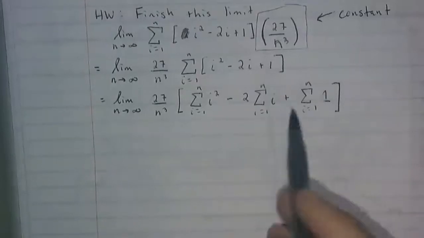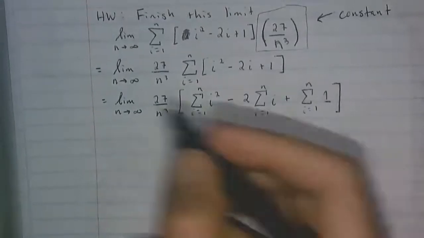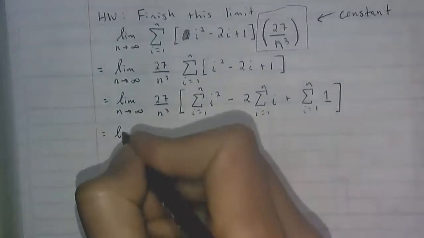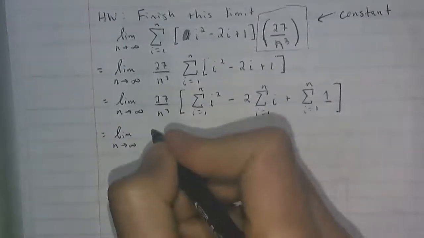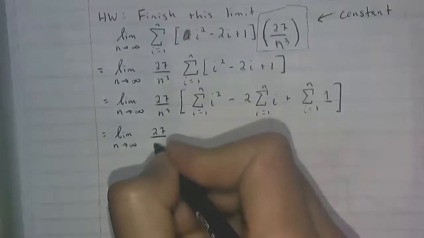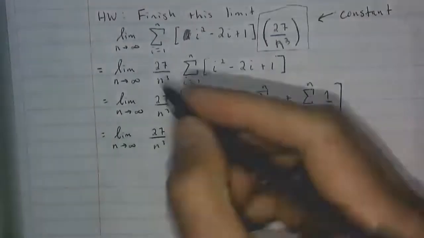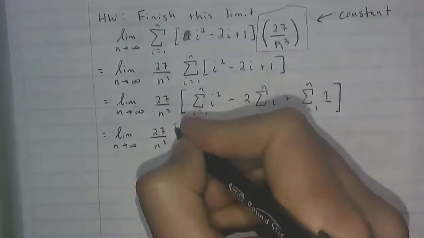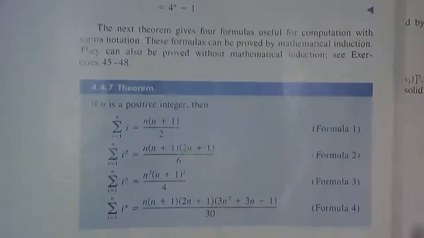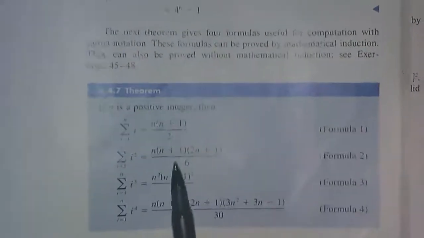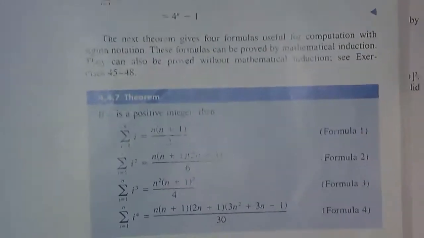And now we evaluate each one of these separately. The limit, n approaches infinity, 27 over n cubed. This first sum of i squared, we look to formula 2 and use this quotient.